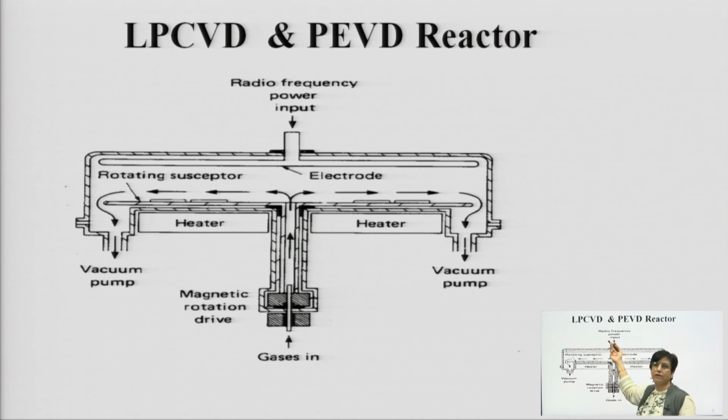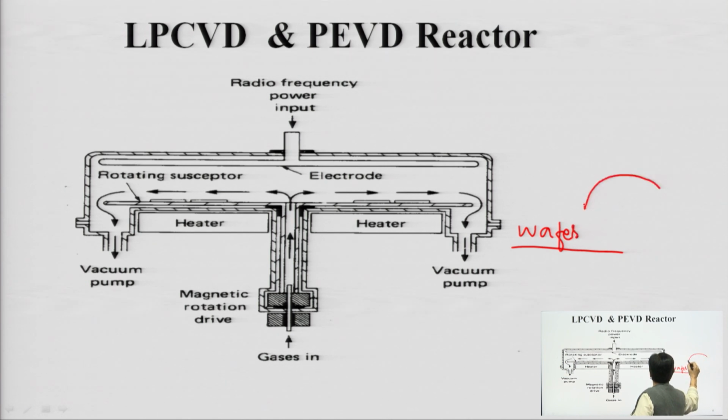It will be in the form of plasma, and the wafers are placed onto the anode, on which the high energy plasma particles will deposit and enforce the reactive species to be deposited, the target species, where your target is your wafer and the species which you want to deposit.